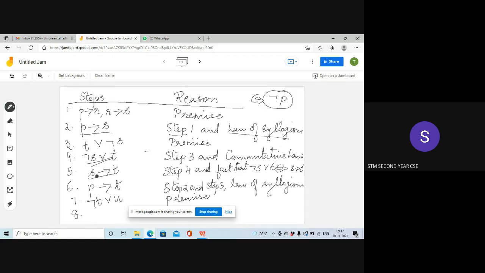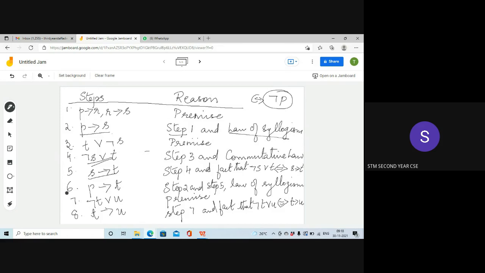Not S or T changes to S implies T. Likewise, not T or U changes to T implies U. Okay, T implies U. So the reason for T implies U is step 7 and the fact that not T or U is logically equivalent to T implies U. Okay. Is it clear?